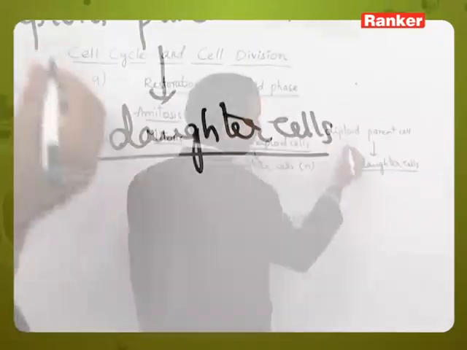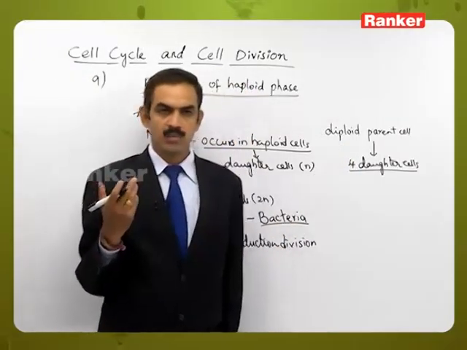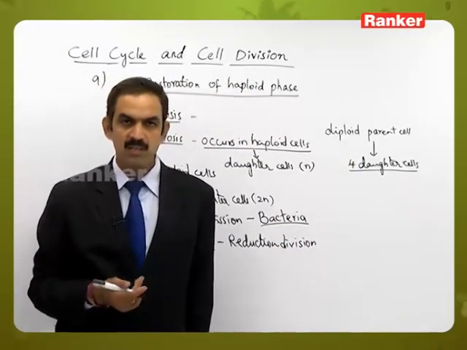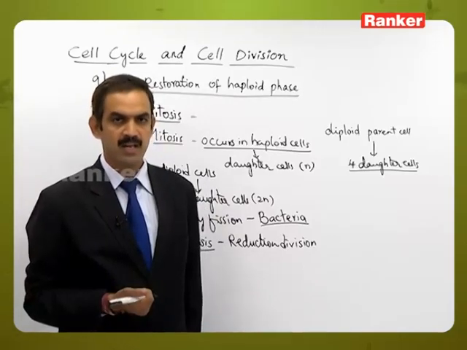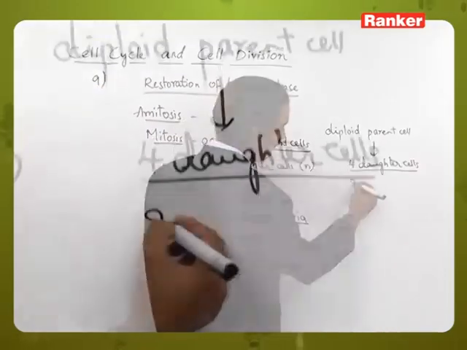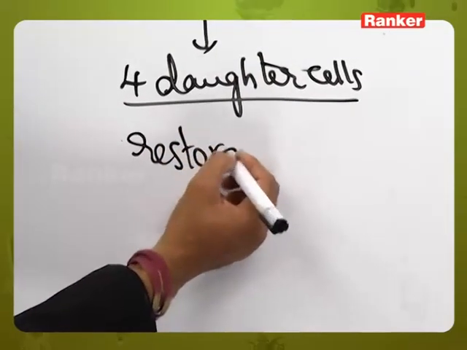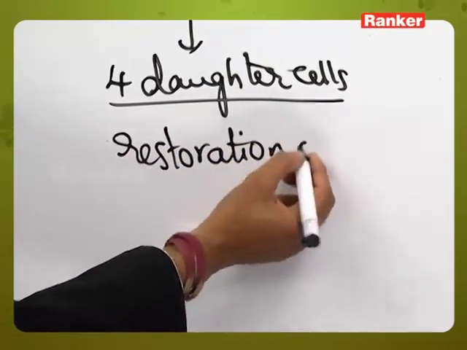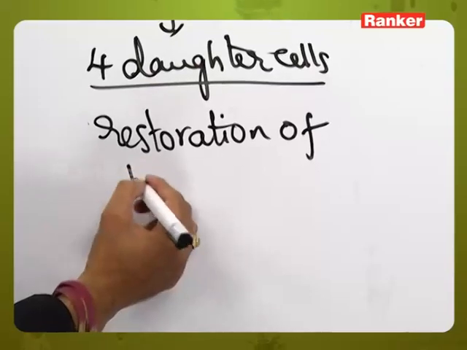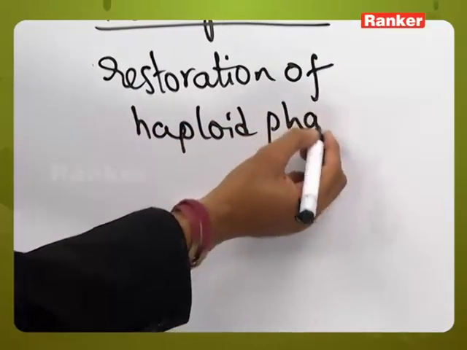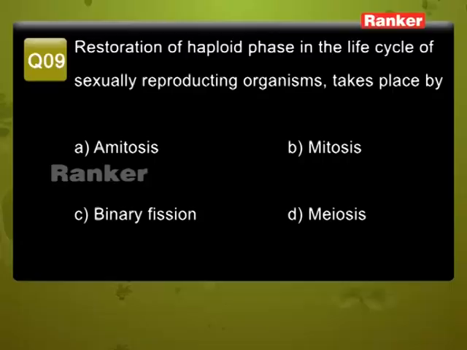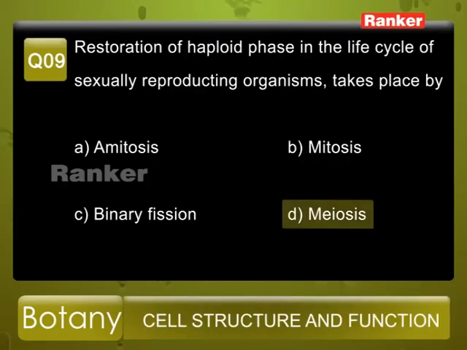That means the ploidy transmitted will be half the number of chromosomes present in the parental cell. That is because of this, the restoration of the haploid phase is possible by this meiotic division. So from the given options, option D is the correct answer.